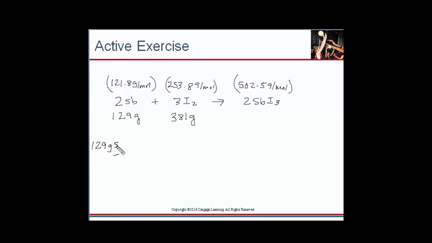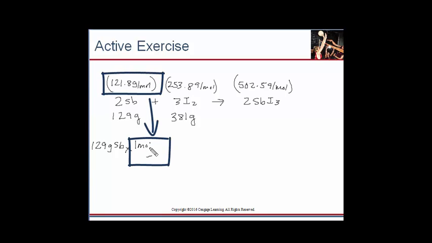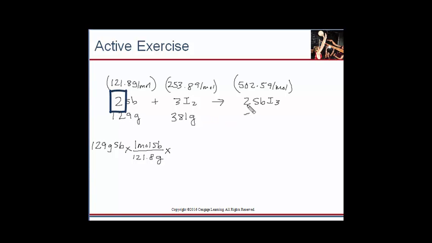129 grams Sb. I need to multiply that by in every 1 mole of Sb there is 121.8 grams. That's just from here. I'm just going from mass, turning it into moles. Then when I have the moles of Sb, I can make a relationship between those two and those 2 moles. So there are 2 moles of SbI3 in every 2 moles of the Sb that's in the chemical equation.